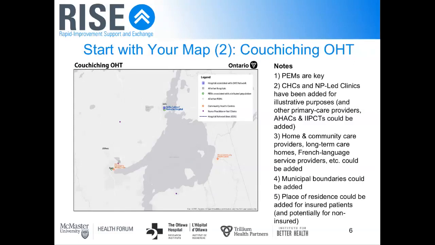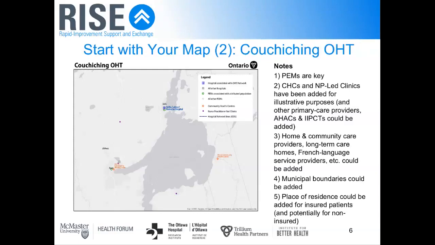So in this particular map, these are reflected by the dark green circles. So you'll see one just under the H for the hospital in Orillia, and you'll see another just under the city of Barrie in the lower left. So that's driving a big chunk of the attributed population for this particular team.